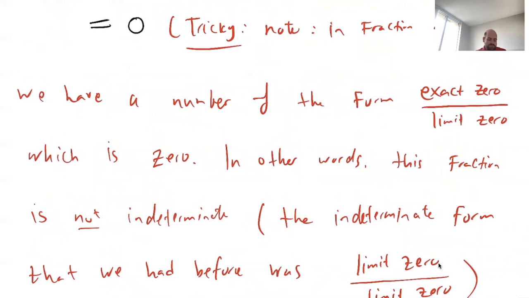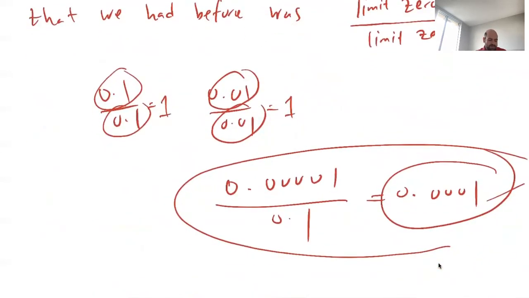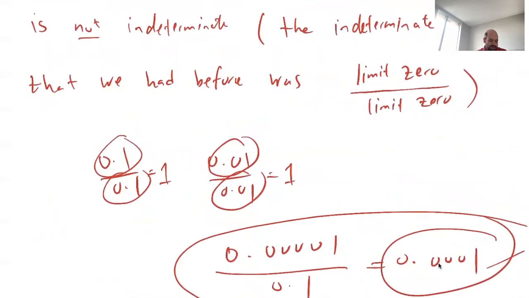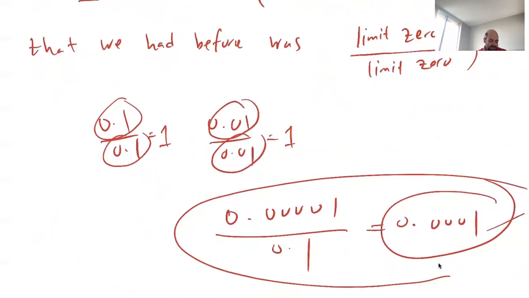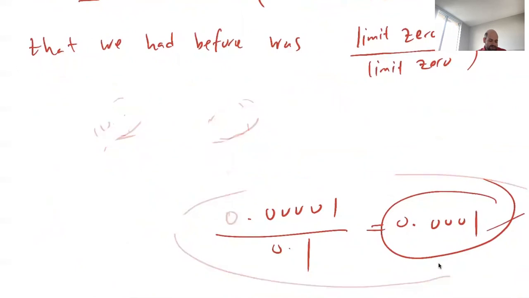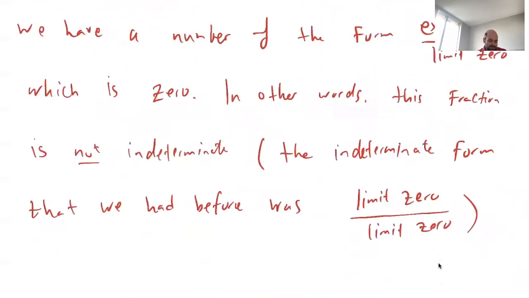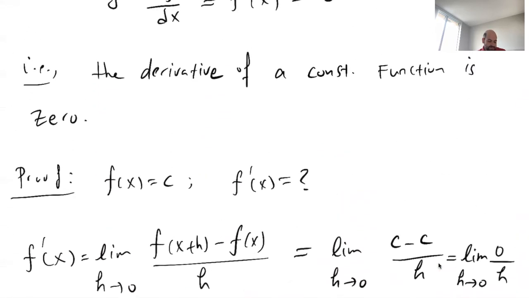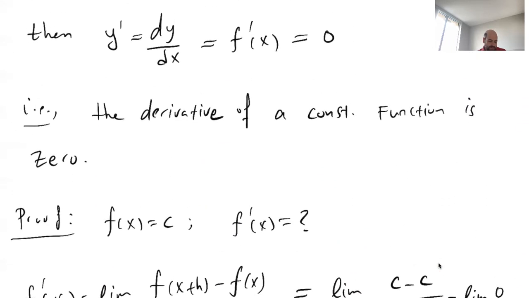Okay, so I want you to notice this and be careful that normally we have limit 0 over limit 0, but in this case we have exact 0 over limit 0, and the answer was 0. So for this one, we showed f prime of x is 0. For example, let's say f of x equals 5. Find f prime of x.